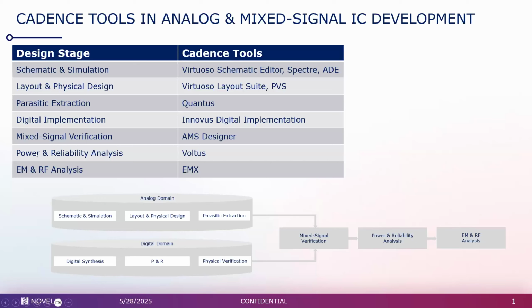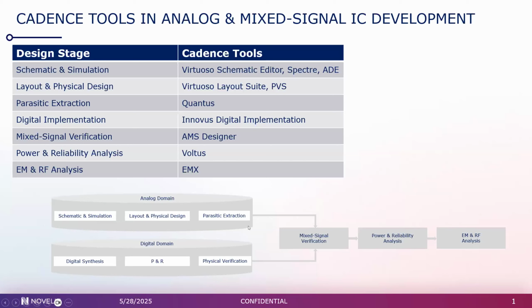So basically, just as a brief overview, we have two different teams and two different topics here. We have the analog domain team. Analog domain includes schematic and simulations. It includes layout and physical design, that is layout and DRC and LVS checks.